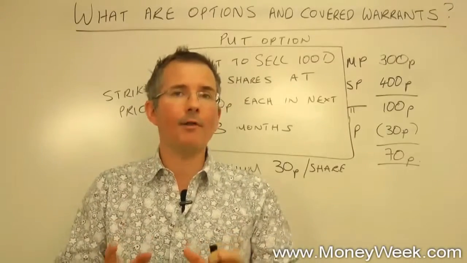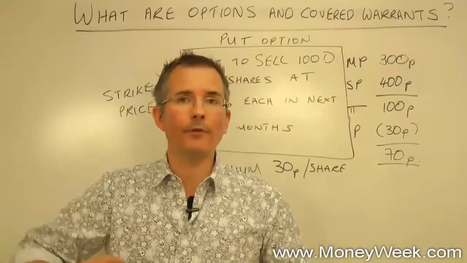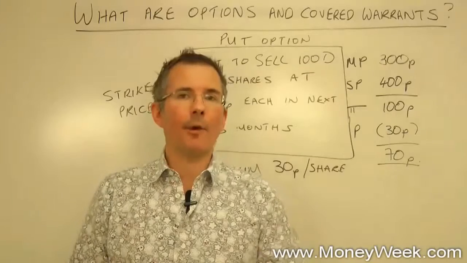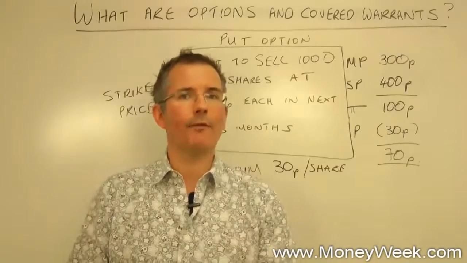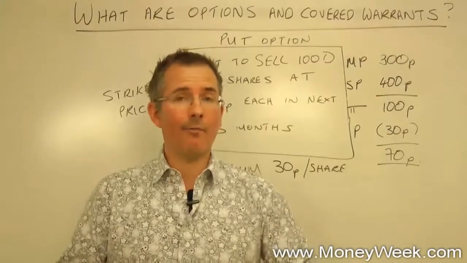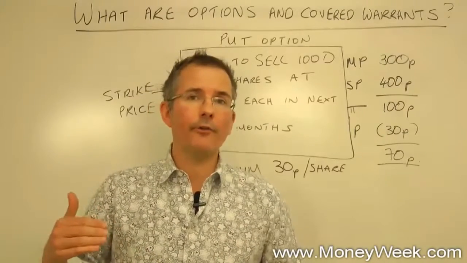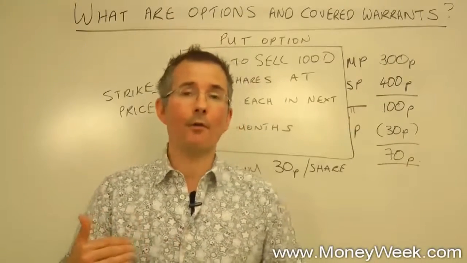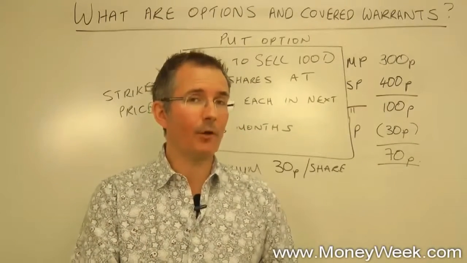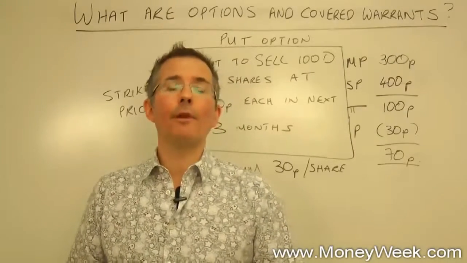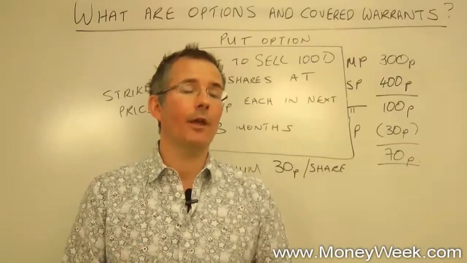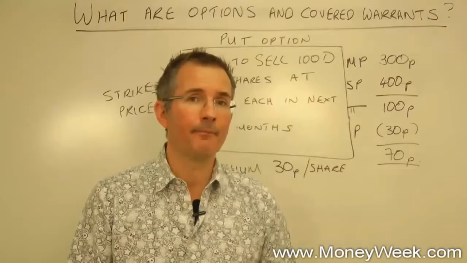It will be some kind of gamble that prices were going to rise. If I was buying a put option or a put covered warrant, I would be thinking, as the buyer or the holder, that prices were going to fall. And I could be either a speculator trying to make a quick buck out of that, or somebody looking to hedge a fall in price in some shares that I already own.